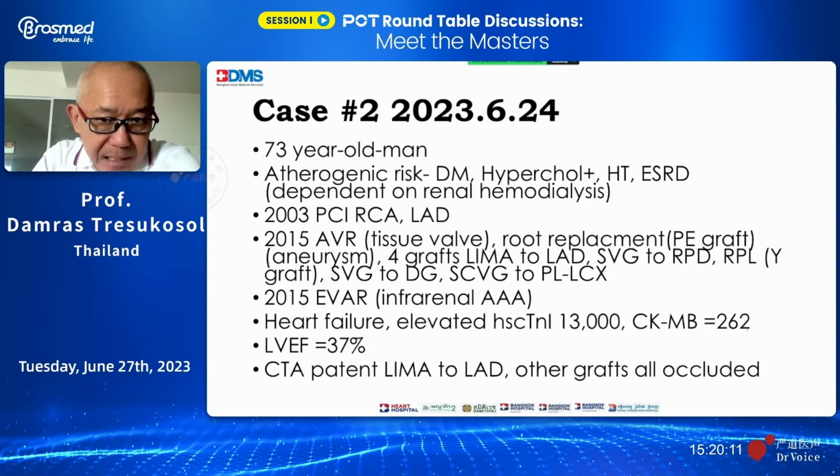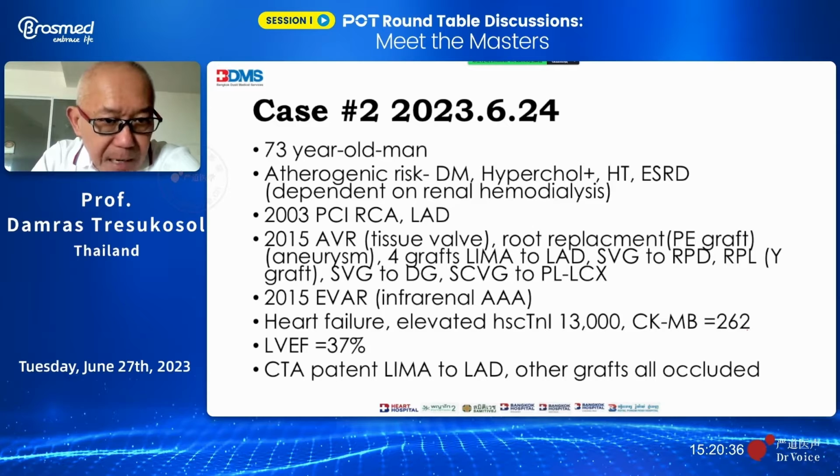So he had bypass grafts placed: LIMA to LAD and vein graft to RPD, RPL, SVG to diagonal, SVG to circumflex. And in 2015, the same year, he had EVAR for an infrarenal abdominal aneurysm. And he presented just a week ago because of heart failure.